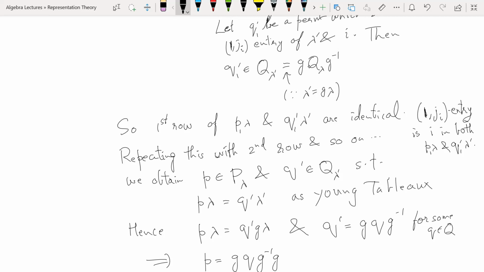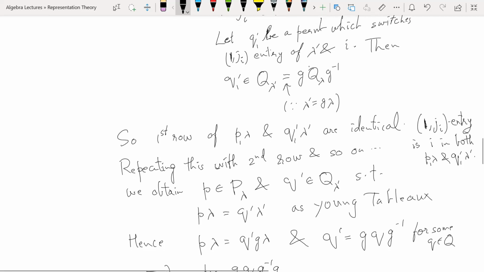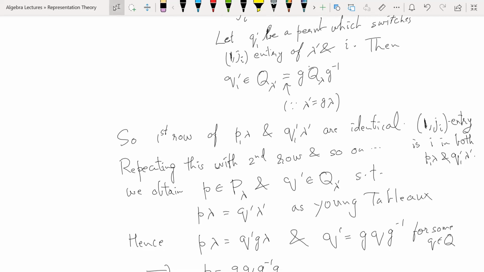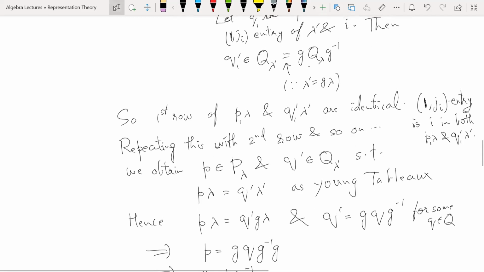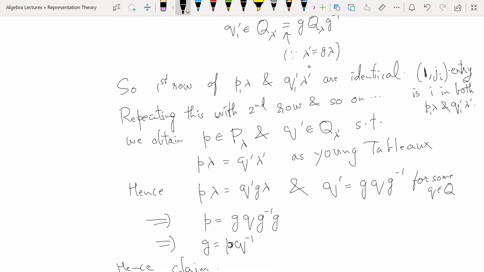Okay. And of course q prime, remember, is in Q lambda prime, which is g Q lambda g inverse. So we can write q prime as g q g inverse for some little q in capital Q. Now you apply these two facts. p is q prime g, but q prime we write as g q g inverse.